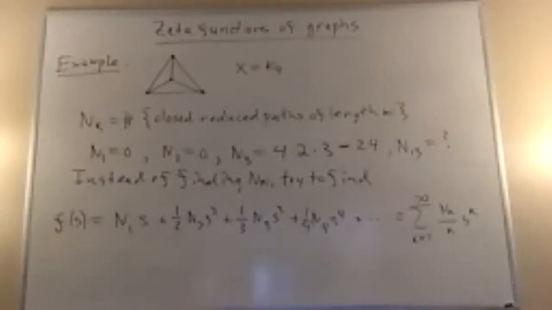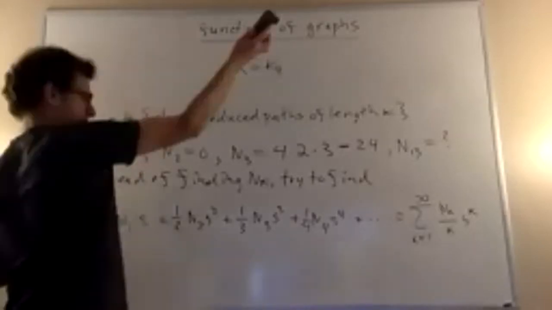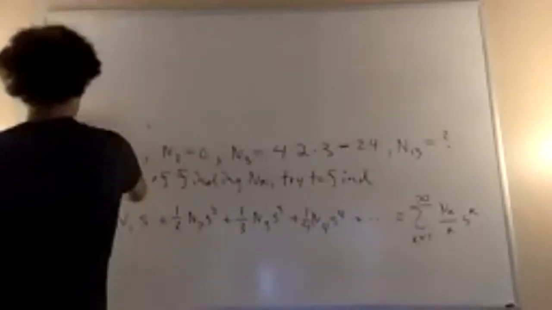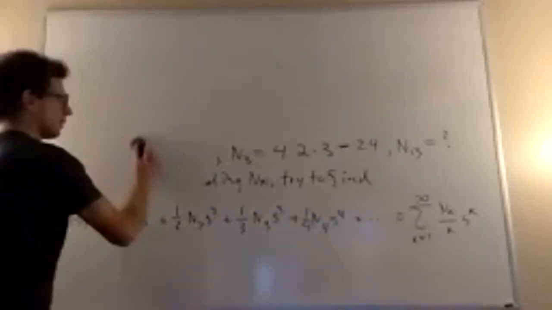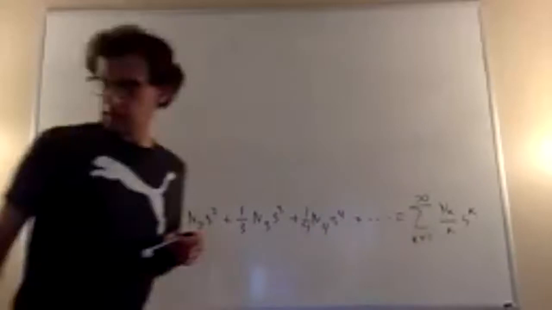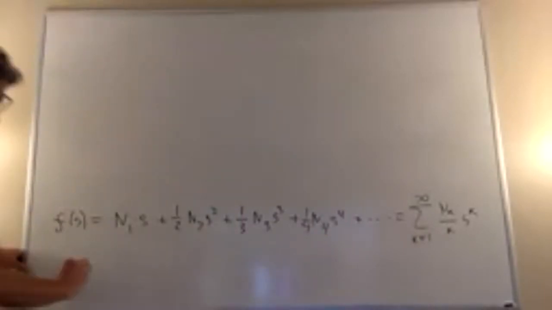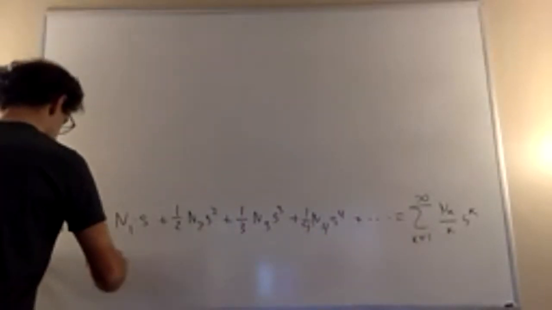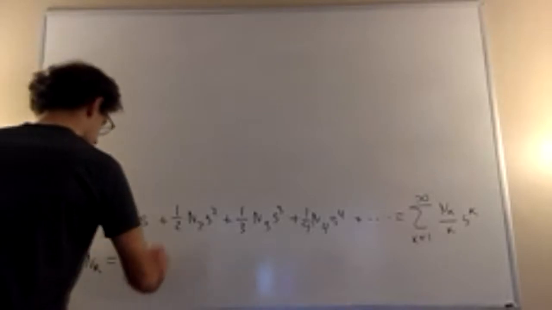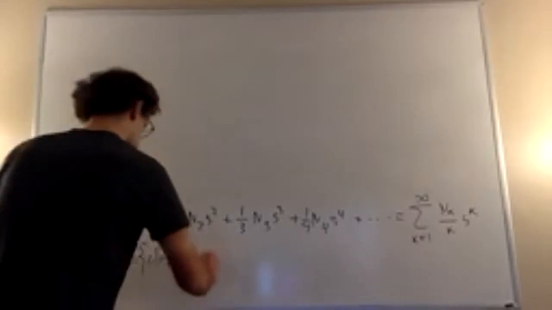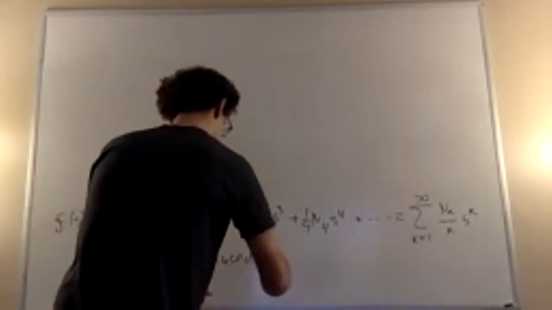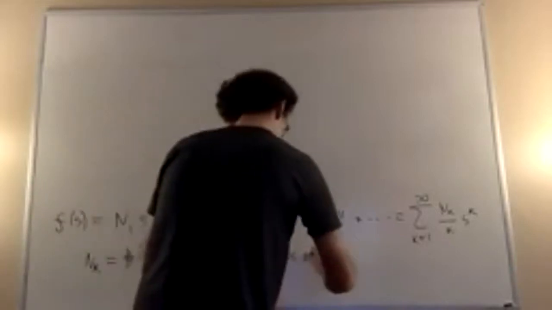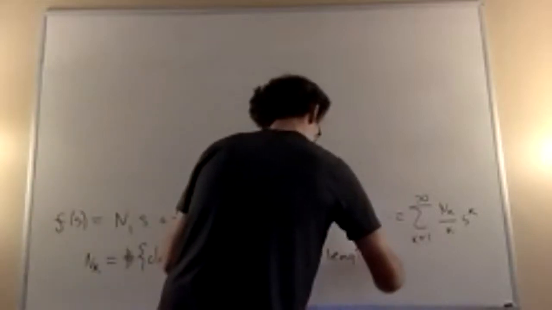Okay, so I'm going to erase the title because it uses up about 10% of my board. Let me leave this here and let me rewrite the definition of N_k. N_k is the number of closed reduced paths of length k.